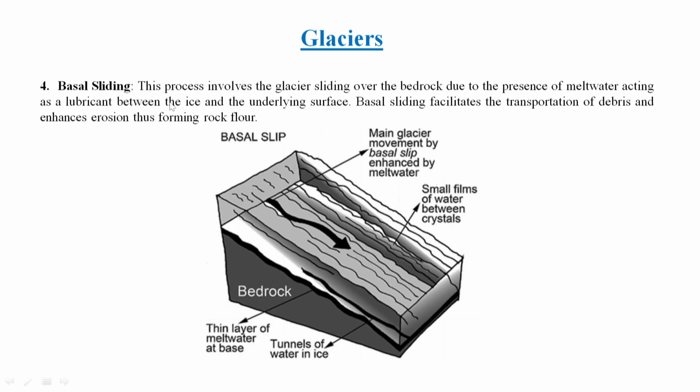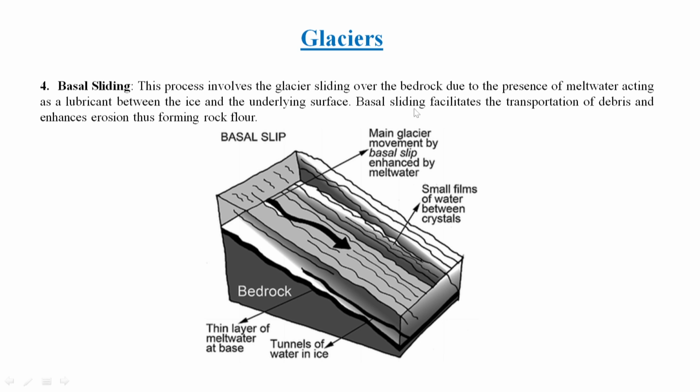So that part again will go into melting. Loss of cohesion, loss of friction will lead to the sliding of the whole glacier along its slope. In both cases, this kind of basal sliding happens between ice and the underlying surface.